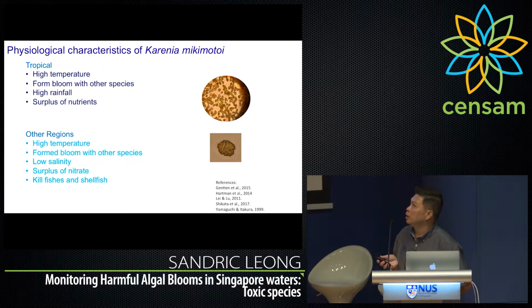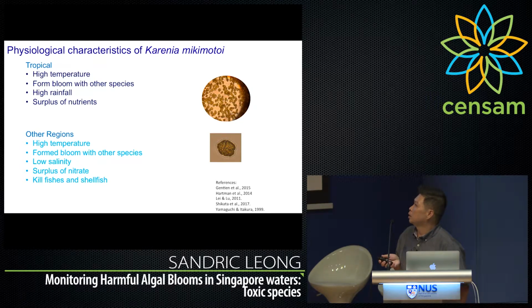They form blooms after heavy rainfall, and they could grow or multiply very fast with the surplus of nutrients such as nitrogen sources, which were transferred or introduced into the marine ecosystem through rainfall or through flushing and other means.